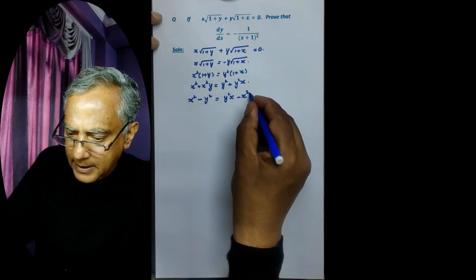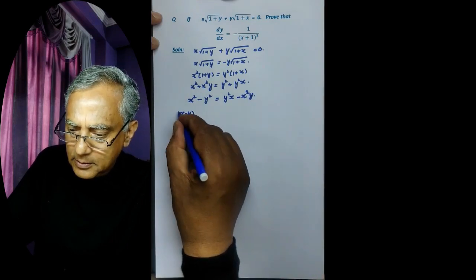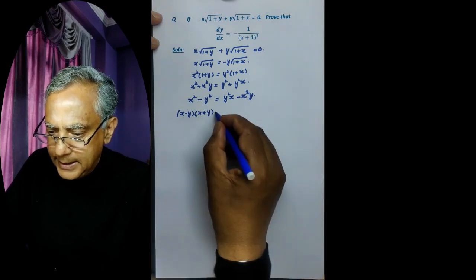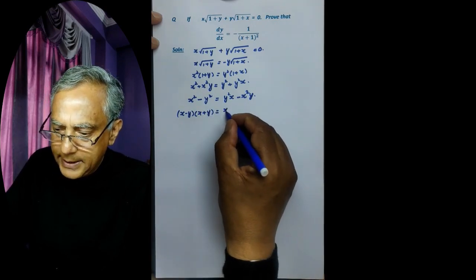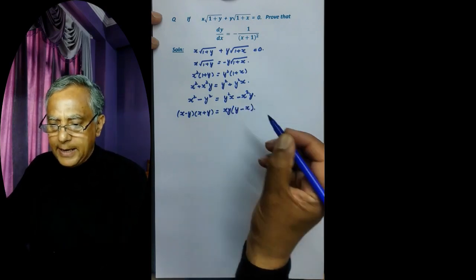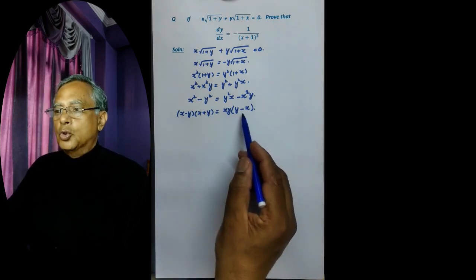Now this can be factorized into x minus y into x plus y, and this is equal to xy, where y minus x is common. We get y minus x. Now x minus y cancels from both sides.